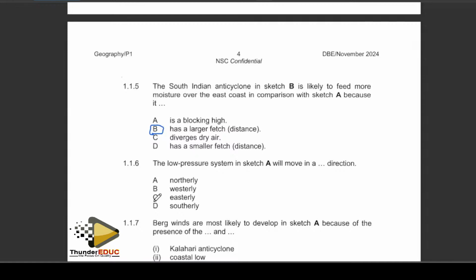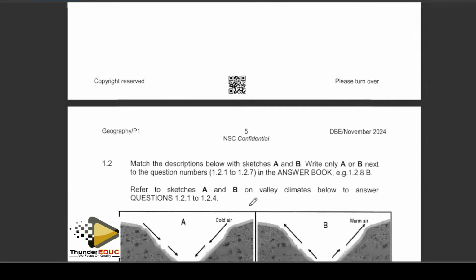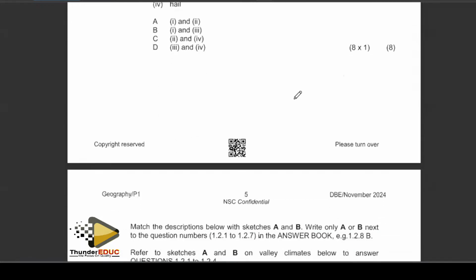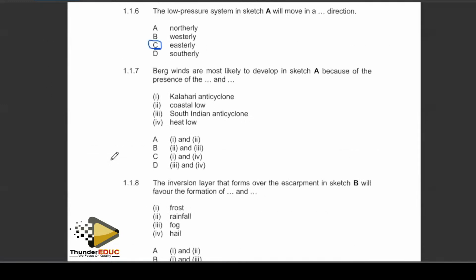So the correct response is in an easterly direction. Easterly direction is the same as west to east. They move going towards the eastern direction. That is the movement direction of the coastal low. They start on the western coast around the Atlantic Ocean. They move along the coast and they will dissipate around Mozambique.